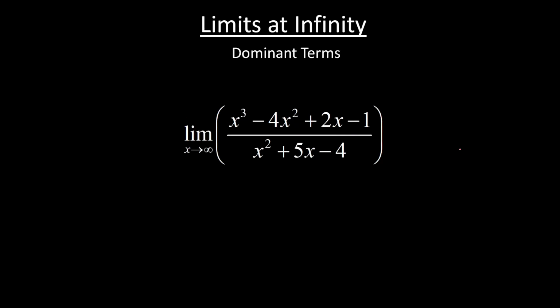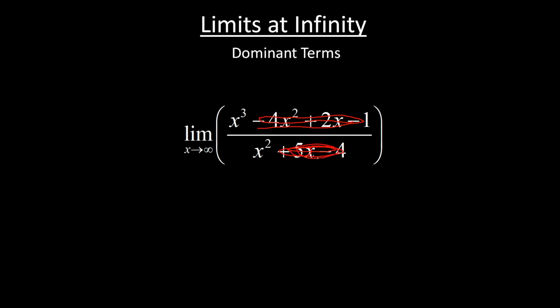So how are we going to use this? Well, here's our limit going to infinity. And here we have a rational function, so it's a polynomial divided by a polynomial. And we're just going to look at dominant terms because when x gets insanely large, all these smaller terms will get crushed out of existence.